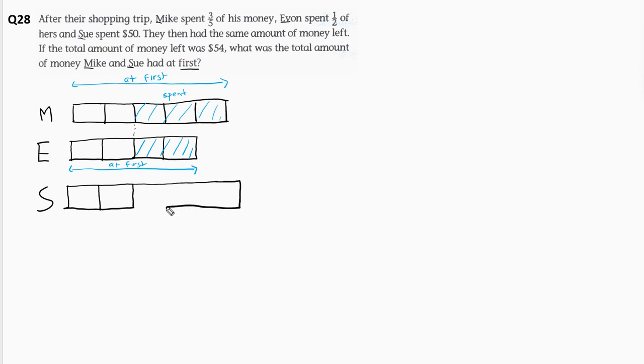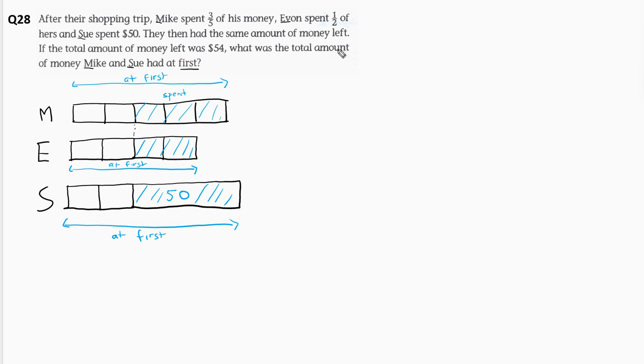I don't know how big that was, but this whole thing is what she had at first, and we know that this has a value of 50 because Sue spent 50, and she ended up with the same amount of money as Yvonne and Mike.